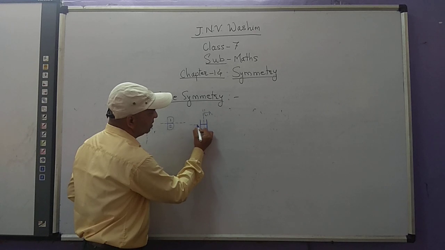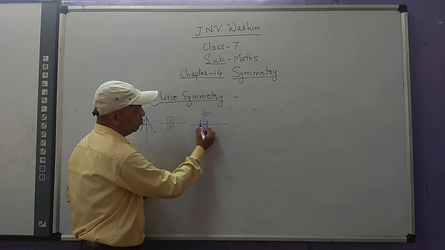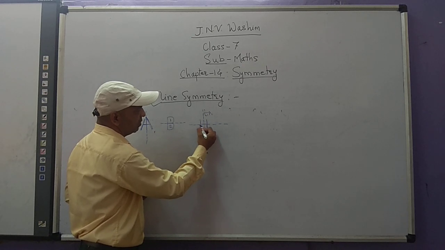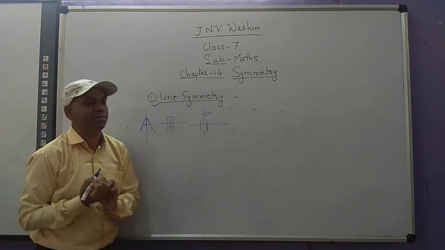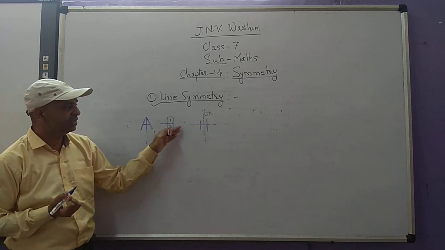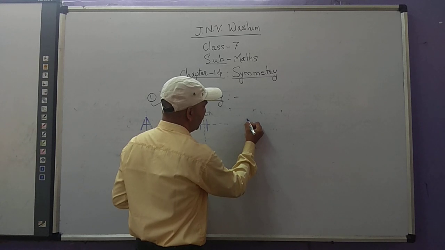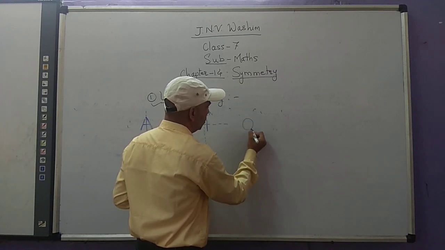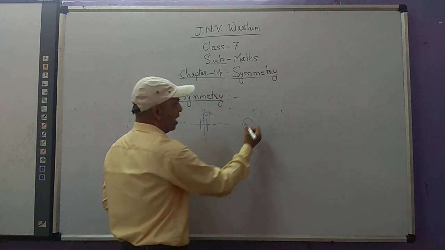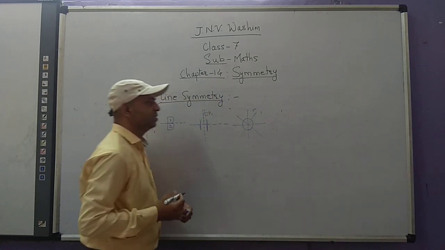Again, if I draw this horizontal line between H, then these two parts of the H coincide, so this English alphabet has two lines of symmetry, one vertical, second horizontal. Next example, suppose I take O. O is circular and it has an infinite number of lines of symmetry.